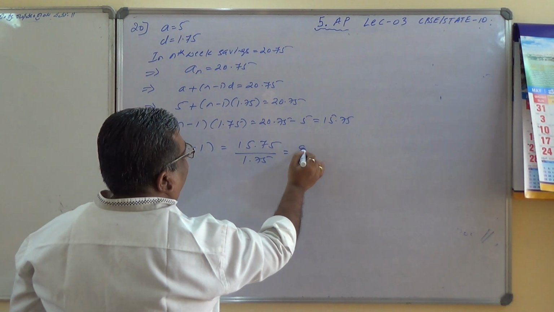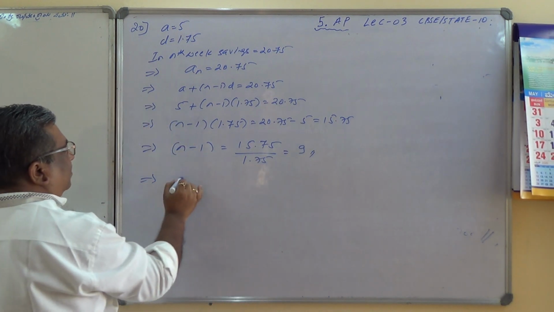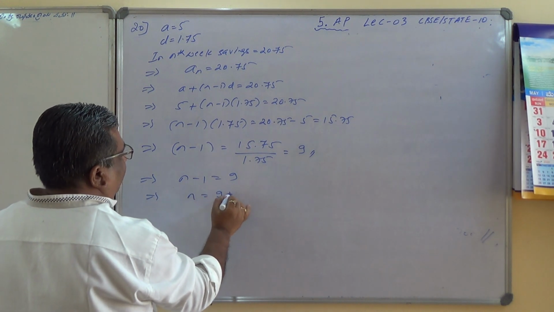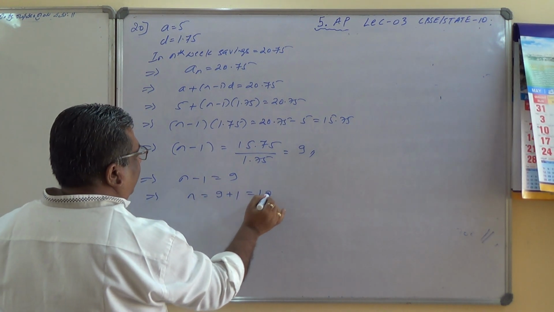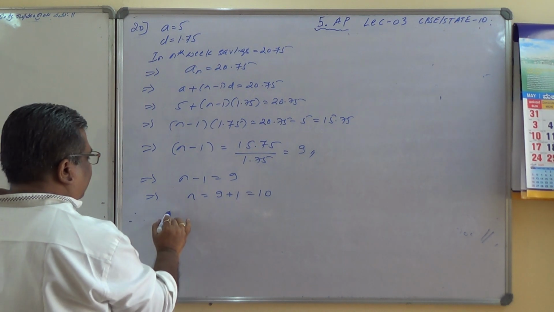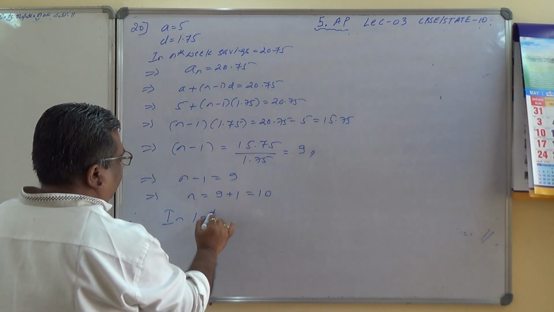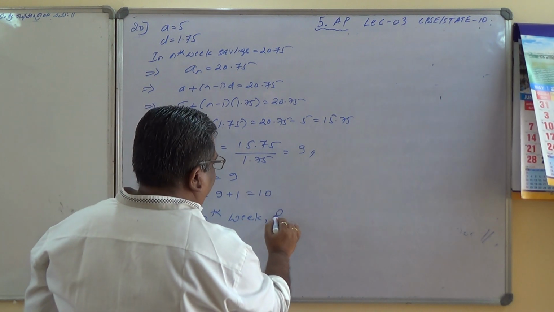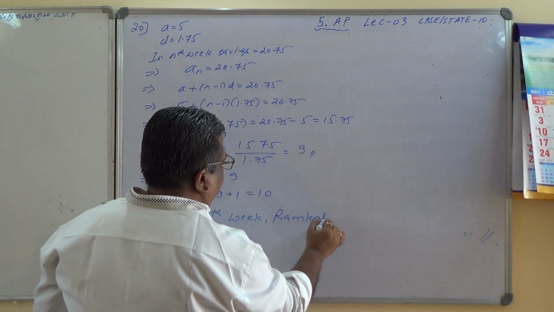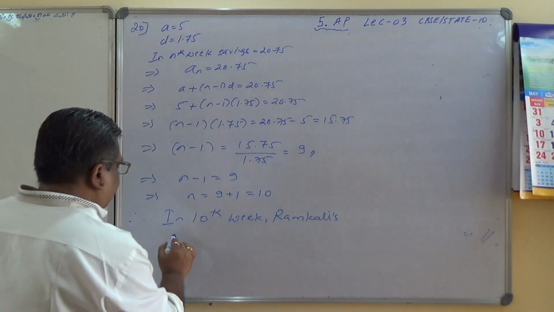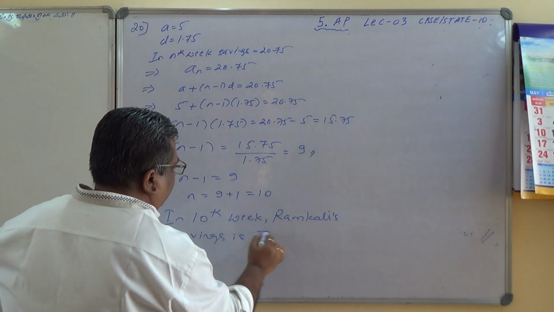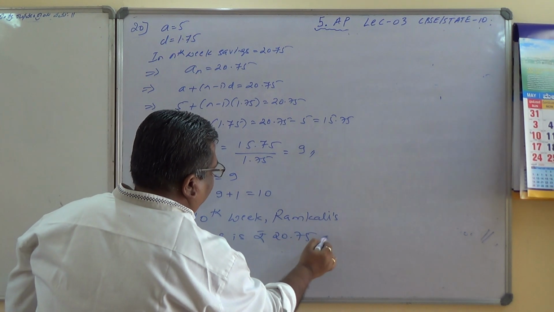After solving this you will get 9, implies n minus 1 equals 9, implies n equals 9 plus 1, which is 10. Therefore, the answer is in the 10th week, Ramkali's savings is rupees 20.75.